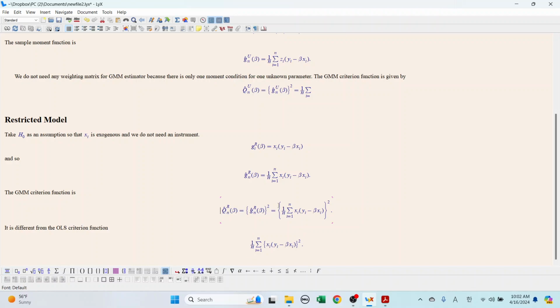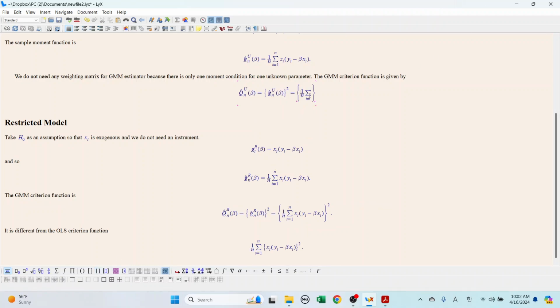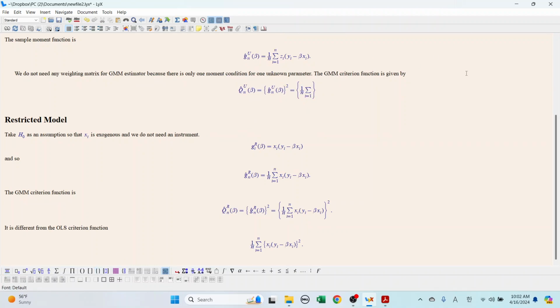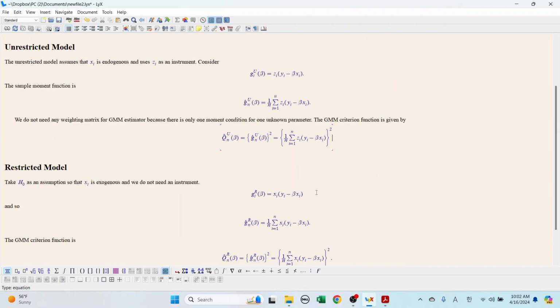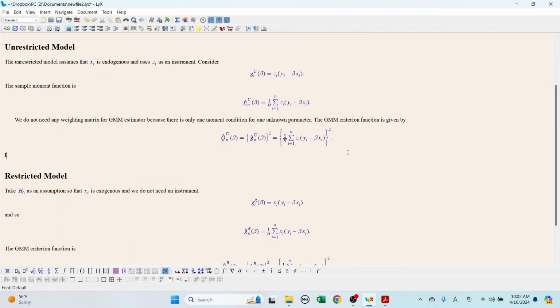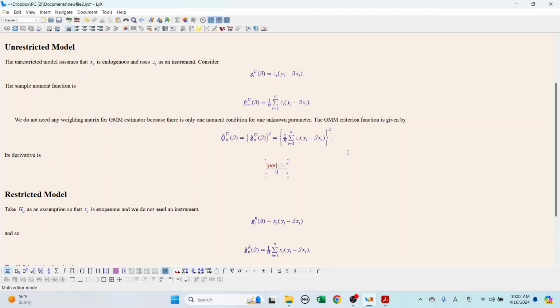But let's think about the unrestricted model now. Similarly, its square goes outside. Now its derivative, let me write it simply like this.